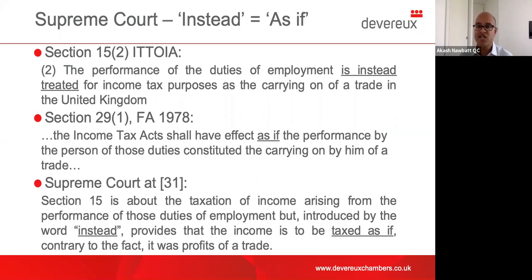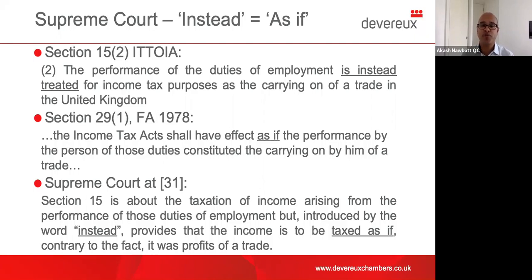But that leading commentator, John Avery Jones, says, however, one effect of the tax law rewrite, whether intentionally or more likely unintentionally, was by changing the wording to is instead, the effect was to change the effect so that under the new provisions, the section 15 provision, the effect was to alter the source, to alter the employment, so that the employment is replaced and is now a trade.